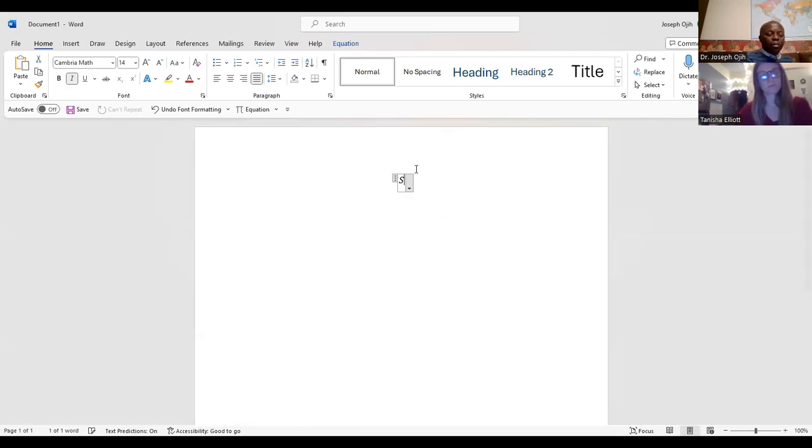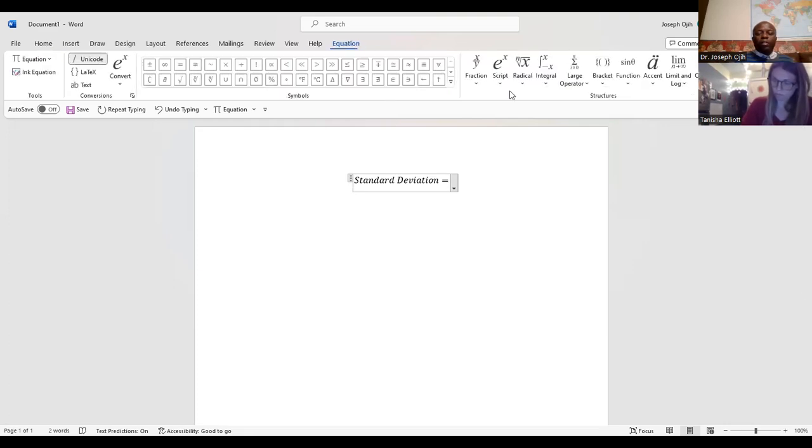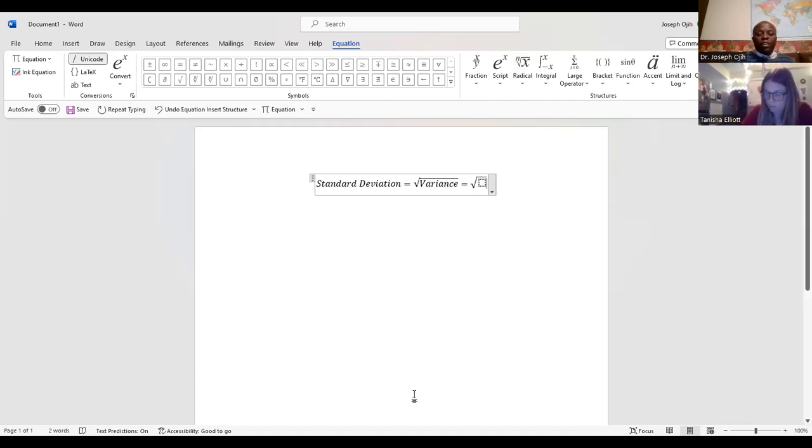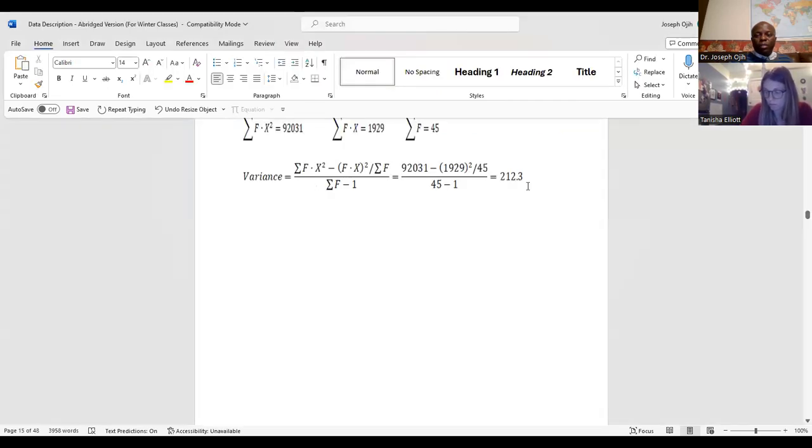Standard deviation equals the square root of variance, which is the square root of our variance. Remember that our variance is 212.3, so it's the square root of 212.3.